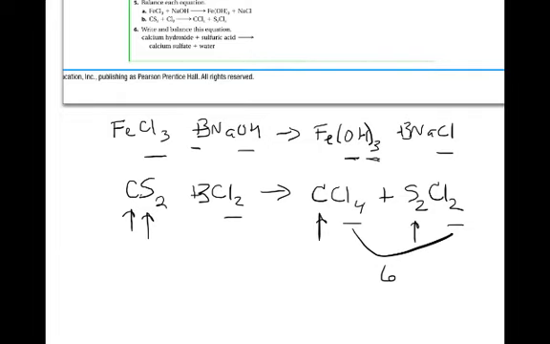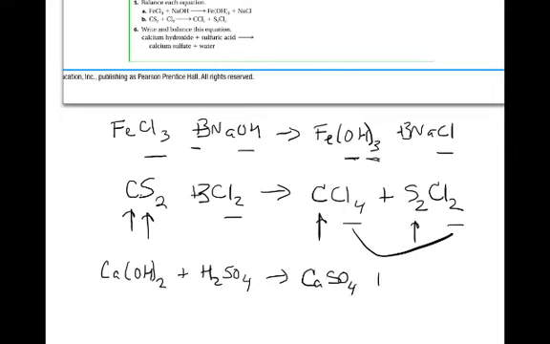Alright, if we do the last one, calcium hydroxide, that's Ca(OH)2 plus sulfuric acid, that's H2SO4, yields calcium sulfate, CaSO4, plus water, H2O.